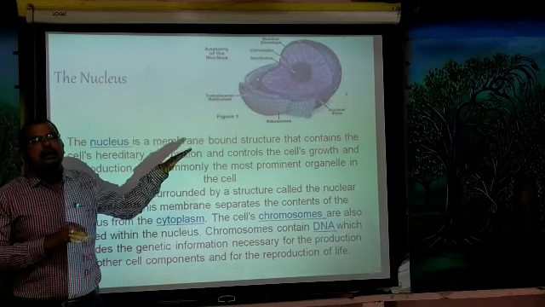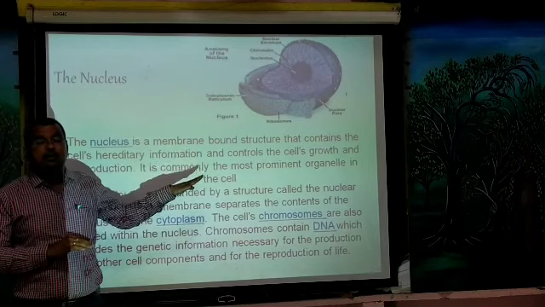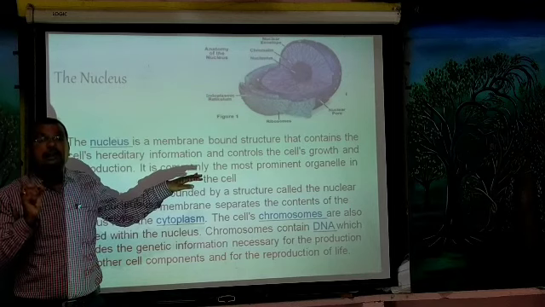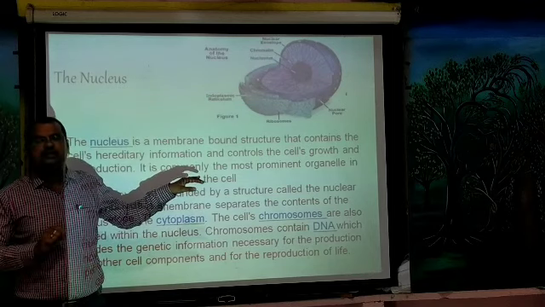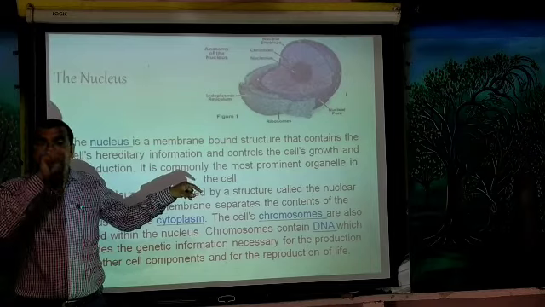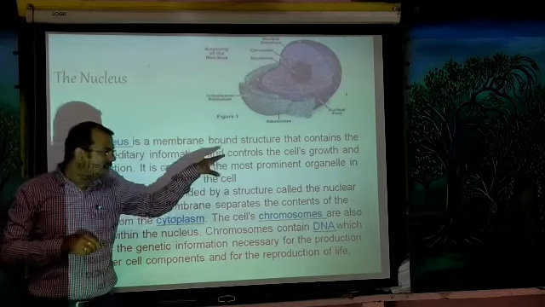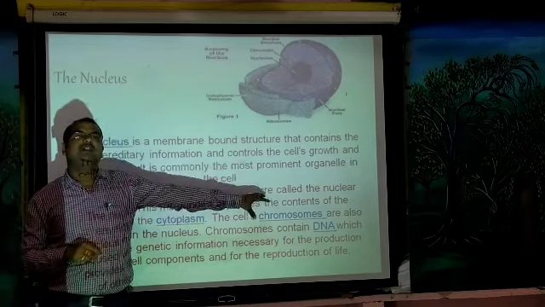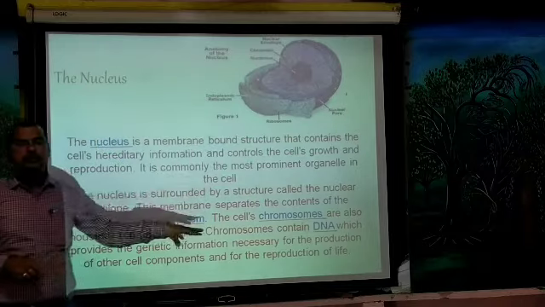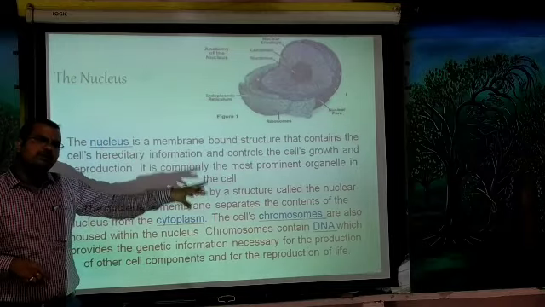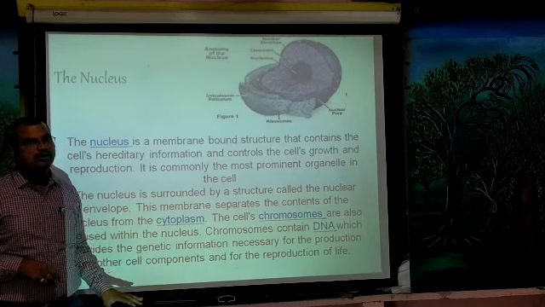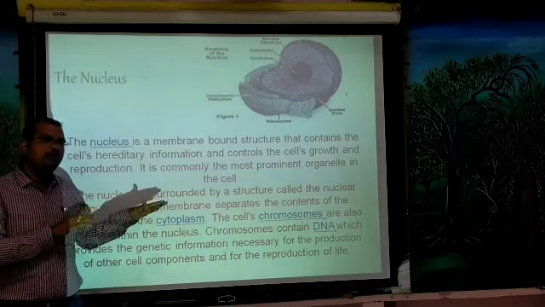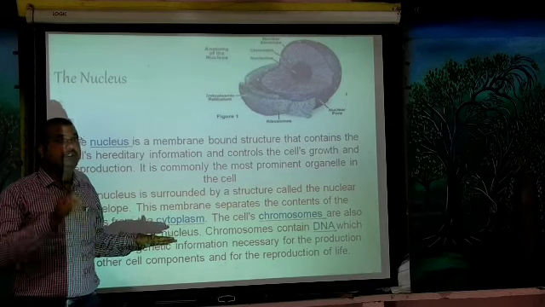DNA plays a very important role in deciding life and how the body structure is designed. All of that is coded in the DNA. DNA is present in the chromosome, and the chromosome is present in the nucleus. Understood? So the nucleus plays a very important role in deciding life.